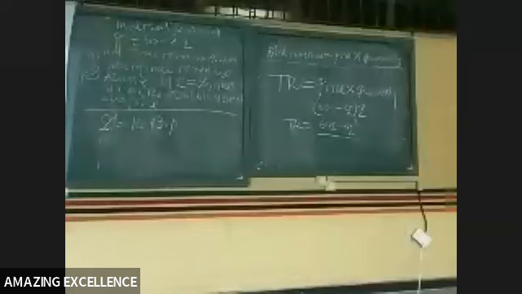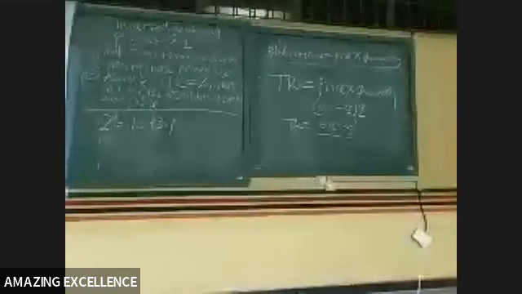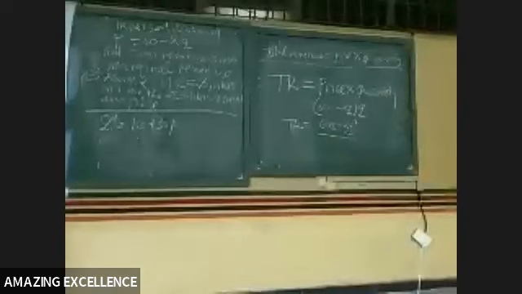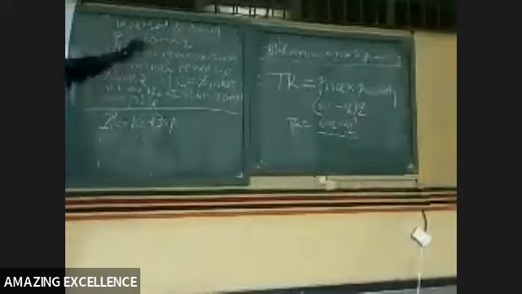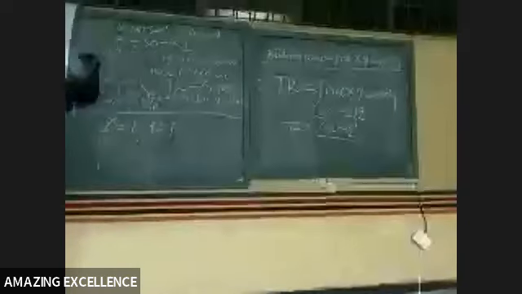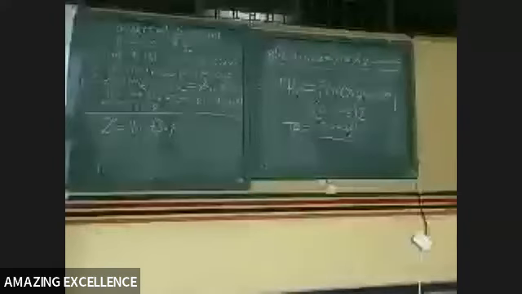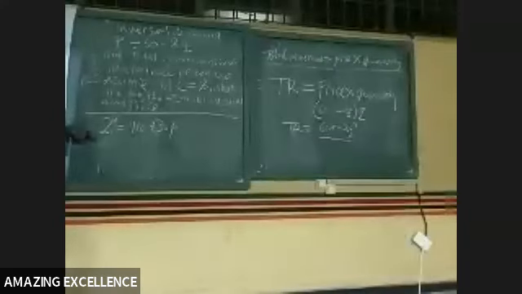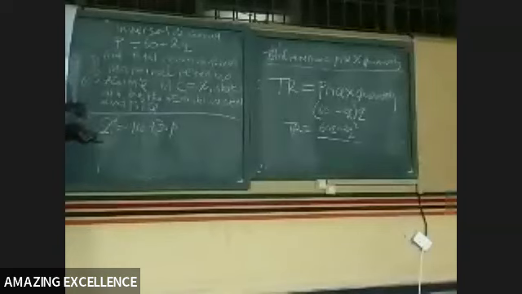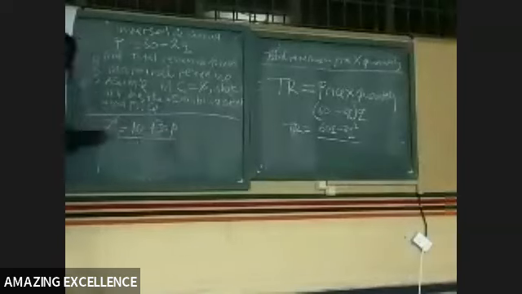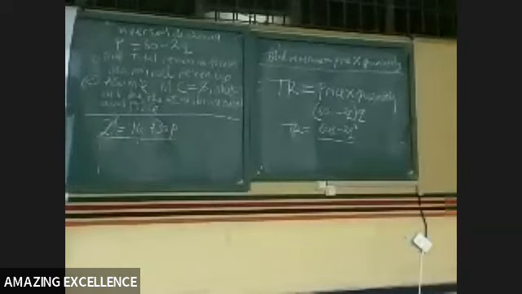Now that we have found the total revenue, we have done what is required of us. Sometimes, you can be given an equation, like a demand function, then you are asked to find the total revenue. If the demand function you're given is not inverted, meaning it's a normal one like this one, you have to invert it first.